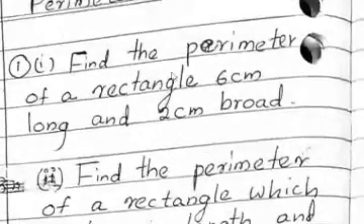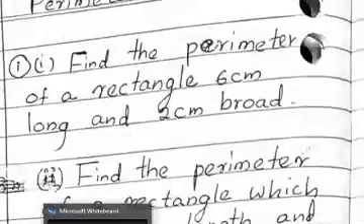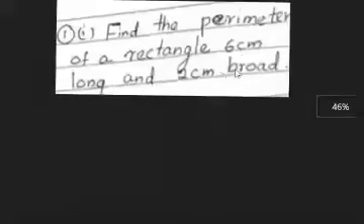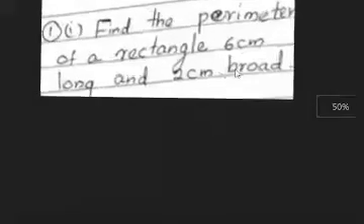First, I will do the first part. Find the perimeter of a rectangle 6 cm long and 2 cm broad. Here also I have copied that question, part 1. When you solve this type of problem, you are not given the diagram.